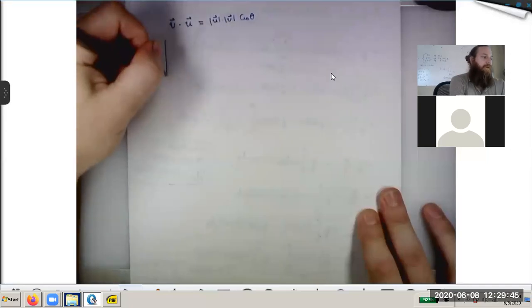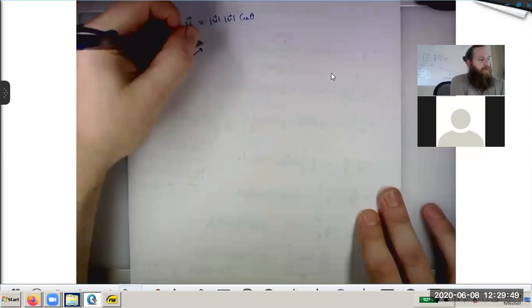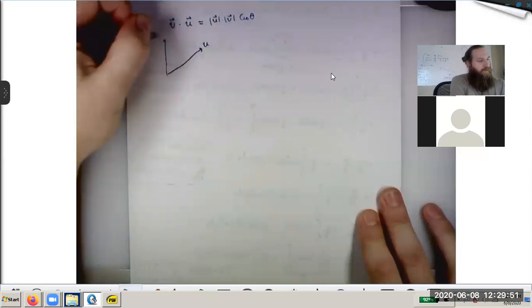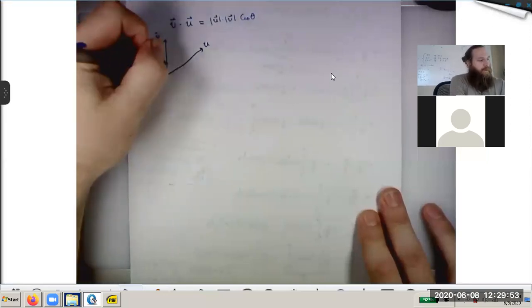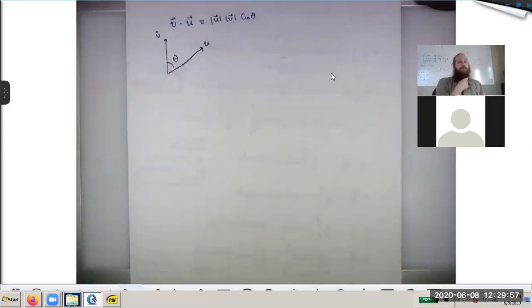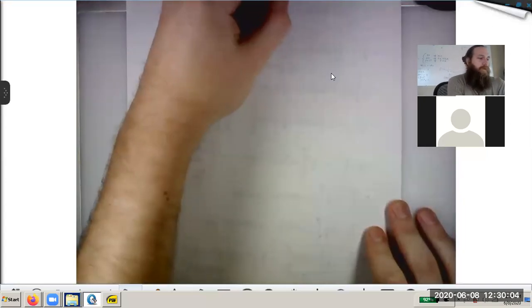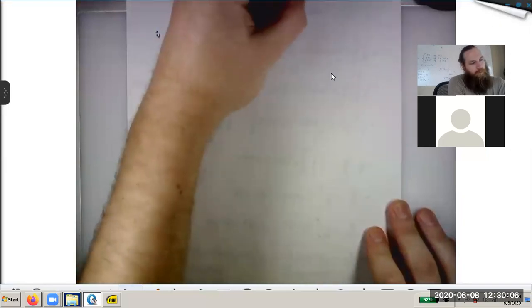So if u and v are two vectors, then I can find the angle between them. And the dot product between the two things allows you to define the angle between them by this relation.